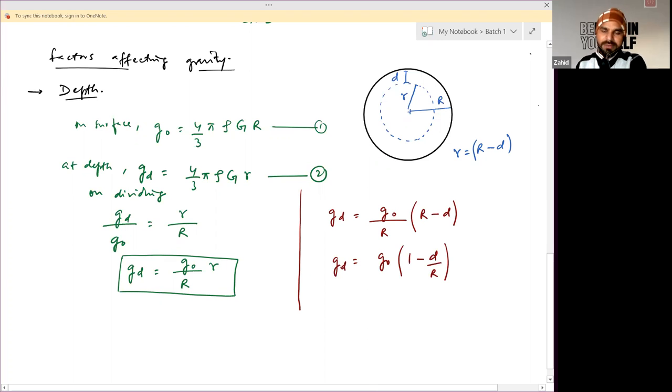So if depth is given, which means if you are going from surface to that particular point, we can use this formula. But if that point is given from center, we can use the formula that is on the left side. So according to the given term in the question, we may write these two with the equations.